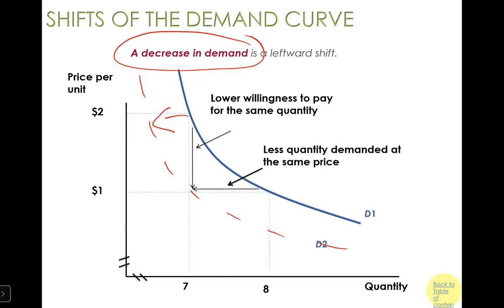We can compare this point versus this point. Let's label them A, B, and C. Before the decrease in demand, we are in D1.